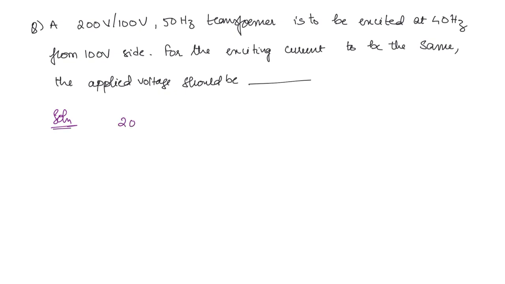Here the transformer is 200 volt by 100 volt, but the source is given to the secondary side, okay, and it is a 50 hertz transformer, and it has to be excited at 40 hertz. So we will take this as F1 and F2 as 40 hertz. In both the cases the exciting current should be the same, okay. In that case, what should be the applied voltage?